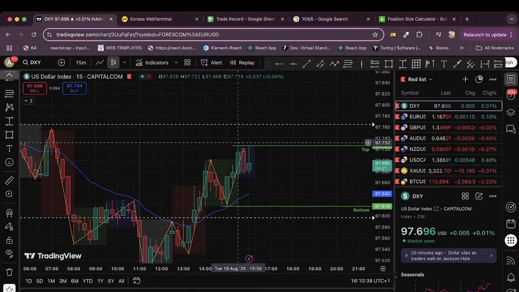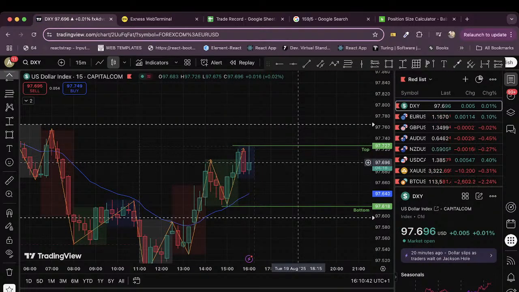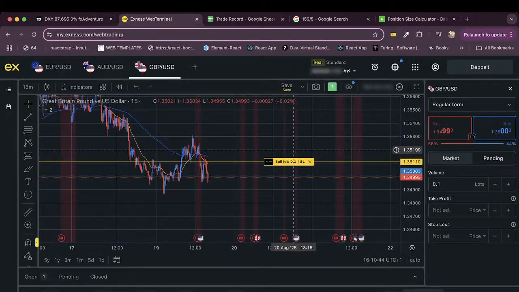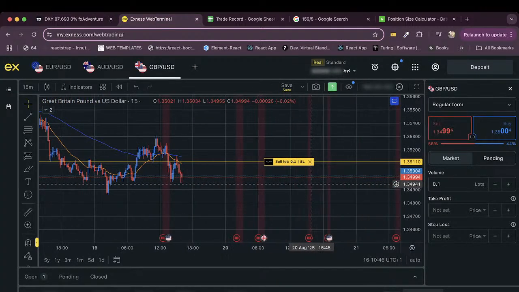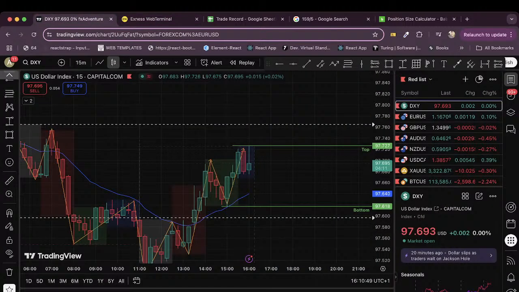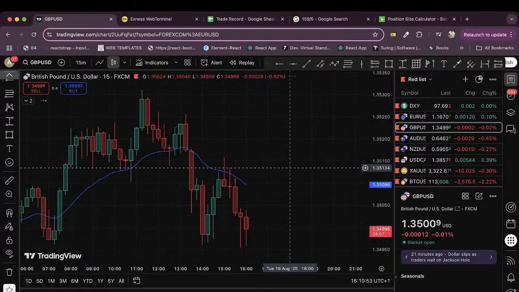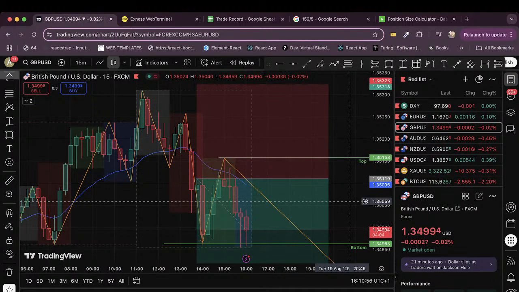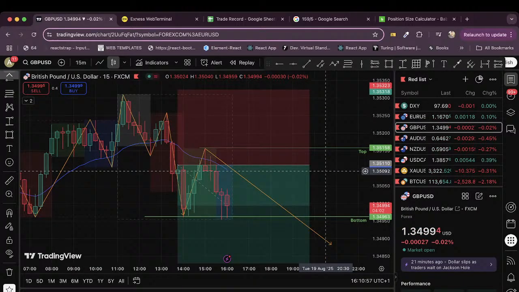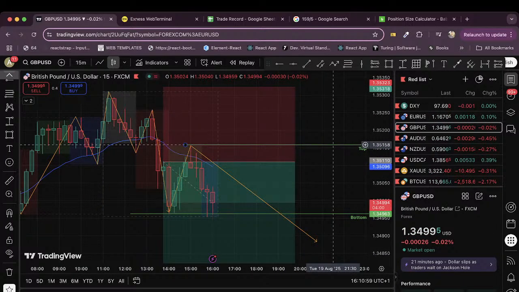The worst case scenario, we might see a break even, or as a matter of fact, the worst of all worst is this level, that top there, is where we might end up moving our stop loss to.